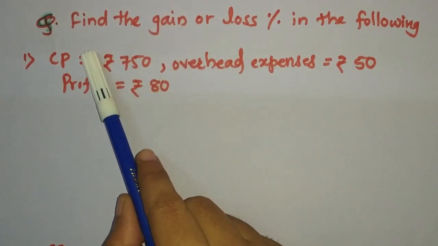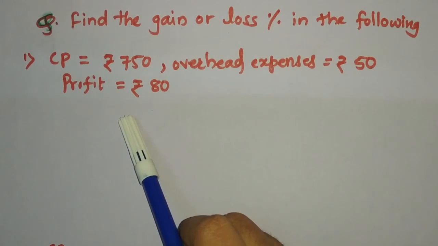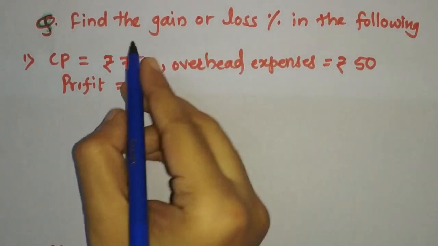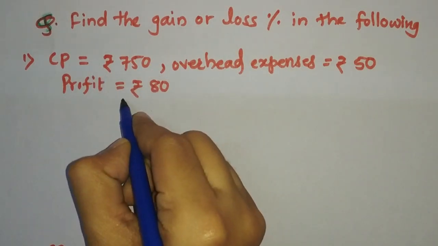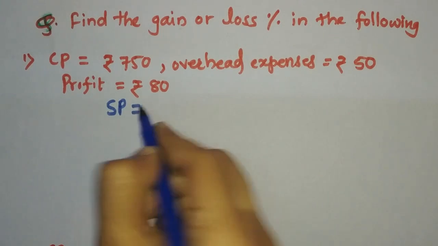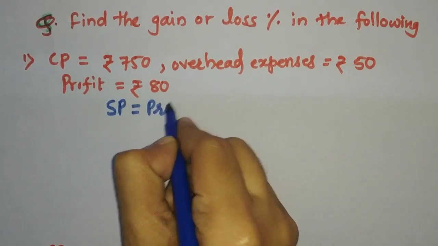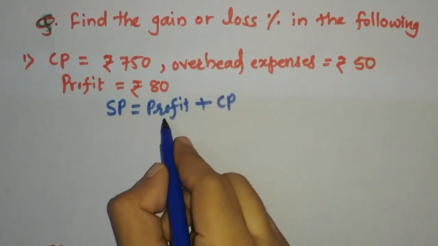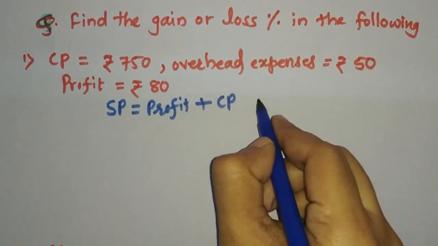So here only cost price is given. So first of all, we will try to find out the selling price. So we know that here CP is given and profit is given. So we can easily find out the selling price. Selling price is nothing but this profit added to the cost price. Cost price plus profit, or profit plus cost price, you can get it.